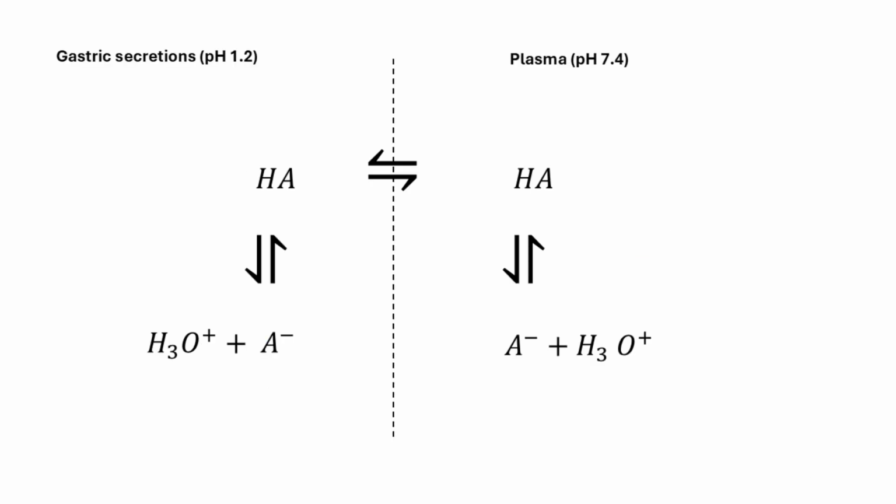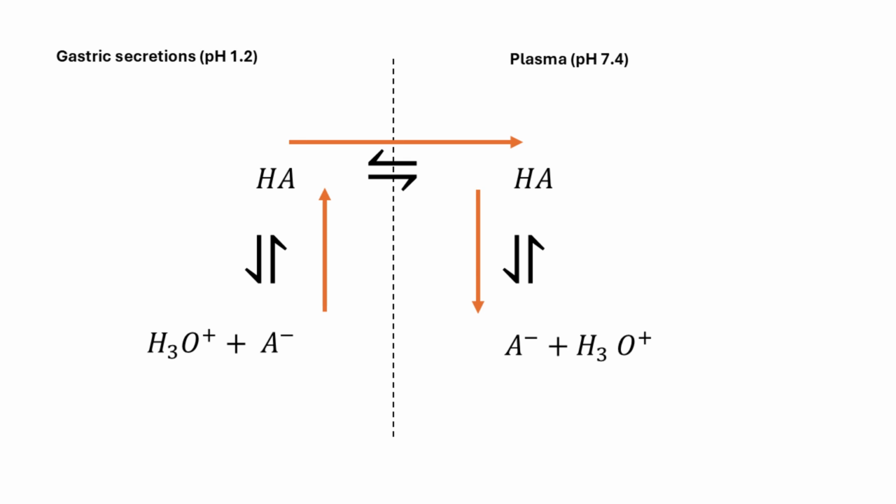In addition to the equilibrium between the ionized and unionized forms of the weak acid or base, there is also an equilibrium between the concentration of drug in the gastrointestinal tract and in the plasma. However, the total drug concentrations either side of the cell membrane can be different at equilibrium if the pH of the medium differs either side of the membrane. For example, a weak acid with a pK of 3 is primarily unionized when in gastric fluid, which has a pH of 1.2.